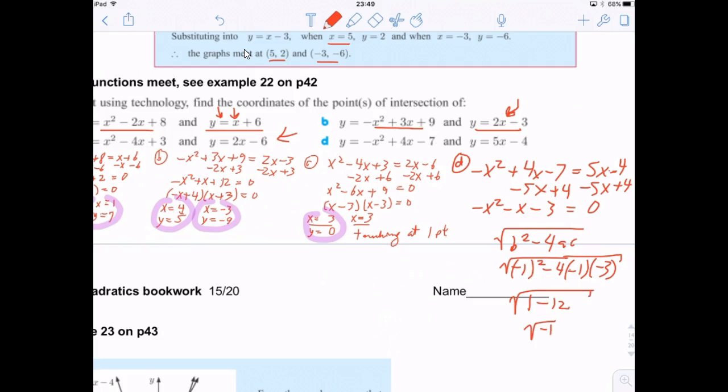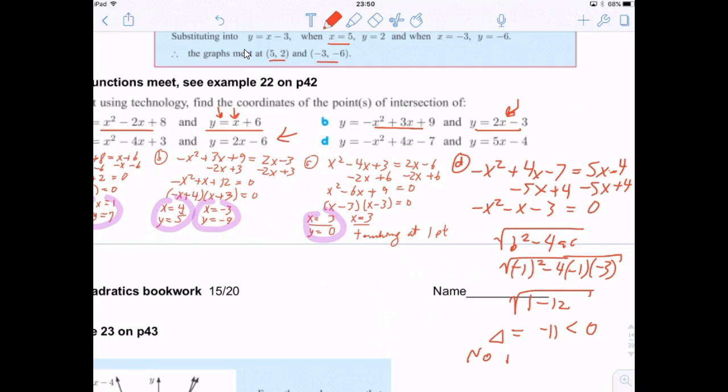So the discriminant is equal to negative 11, which means it's less than 0, which means there are no solutions to this quadratic.